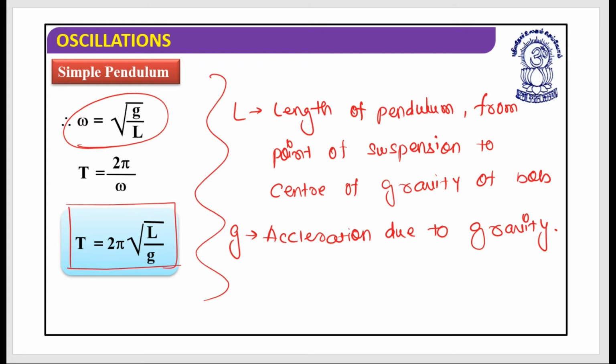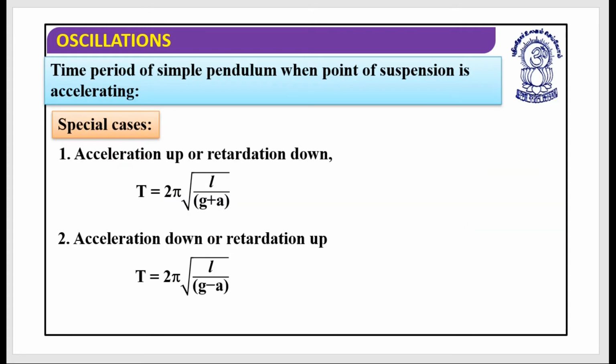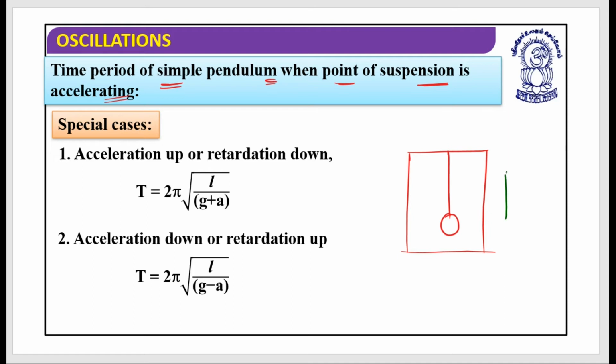Now let's check how the time period of the simple pendulum varies. Let's discuss certain cases one by one. First, the time period of a simple pendulum when the point of suspension is accelerating. Suppose this is a lift in which the pendulum has been hung, and it is moving in the upward direction with an acceleration of a1.